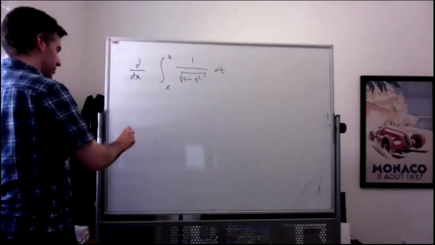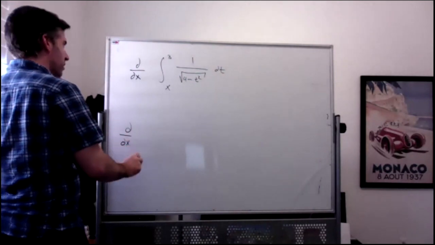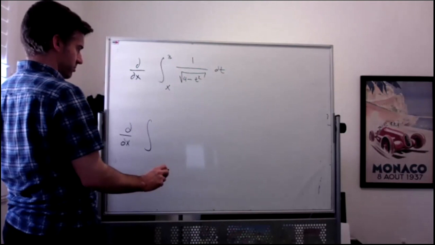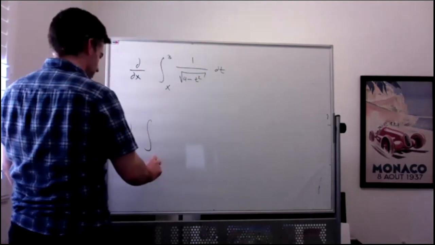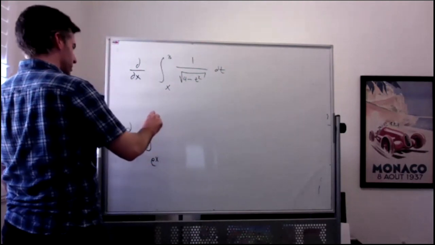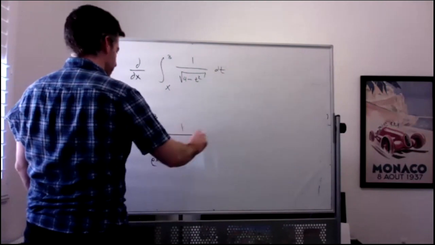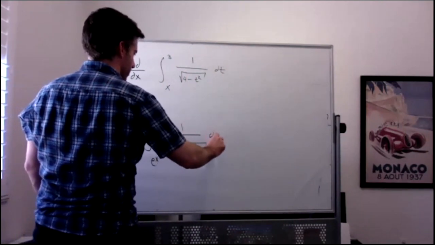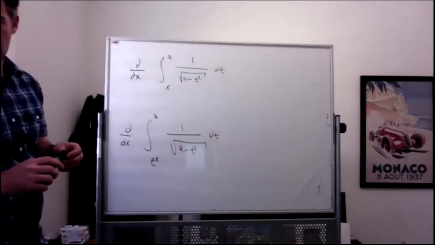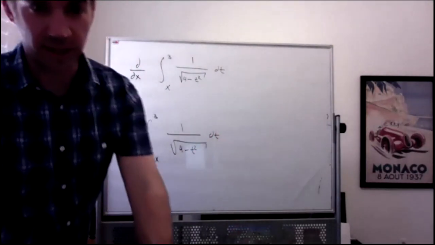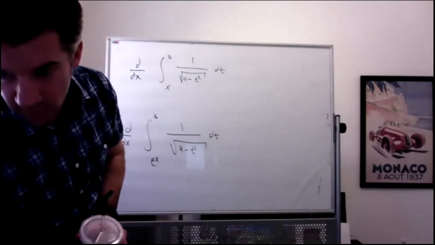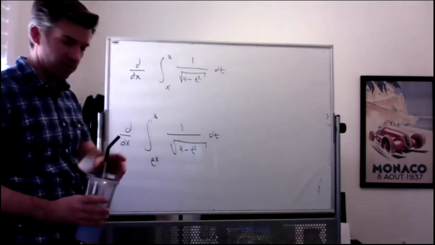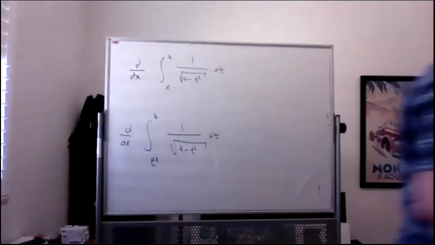And then I also want you to find the derivative of the integral from e to the x to 3 of the same thing. I'm going to refill my water while you guys work on that. I'll give you 2 minutes. It really should take not very long at all, so maybe less than 2 minutes. I'll be right back.